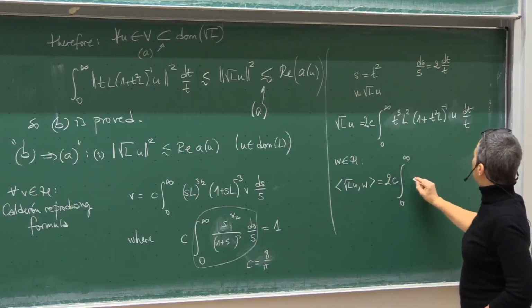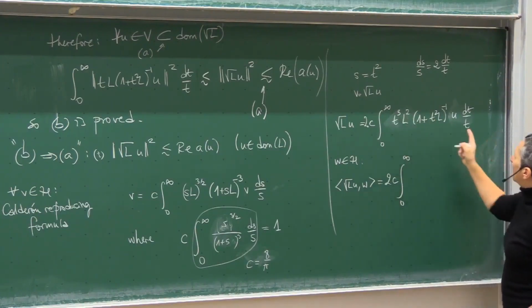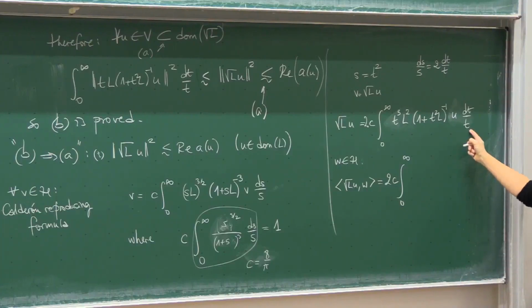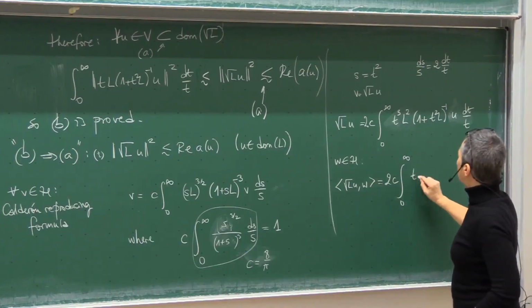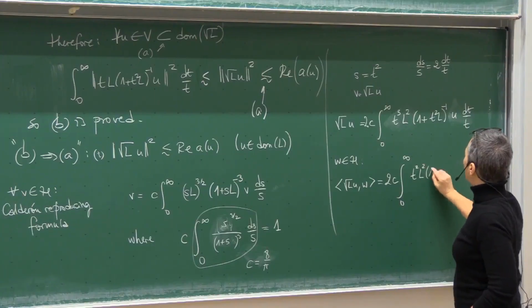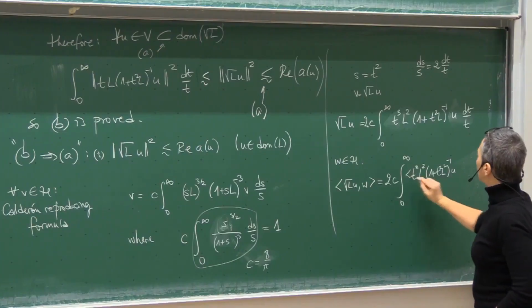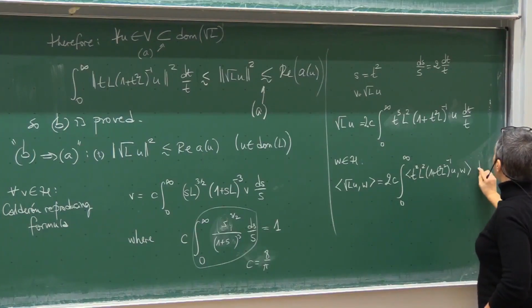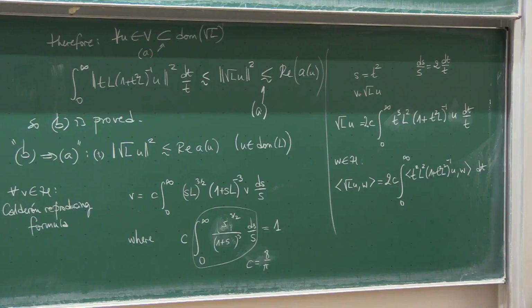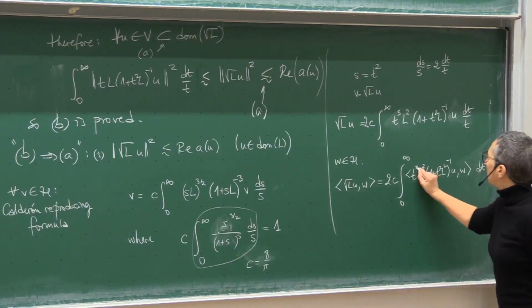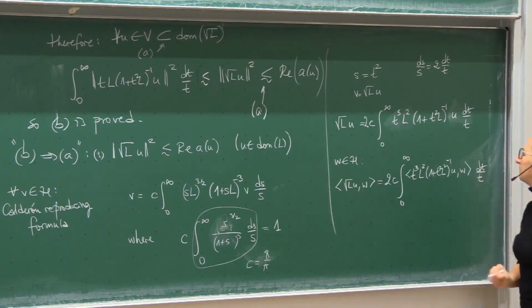Maybe this t squared and this t disappear, right? So I have t squared L squared, 1 plus t squared L squared inverse, u applied to w, dt. Maybe I keep it like that, sorry.